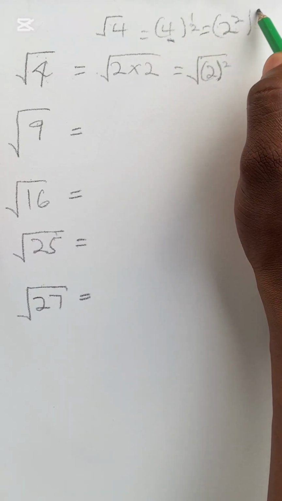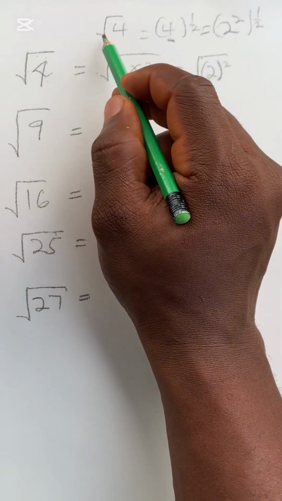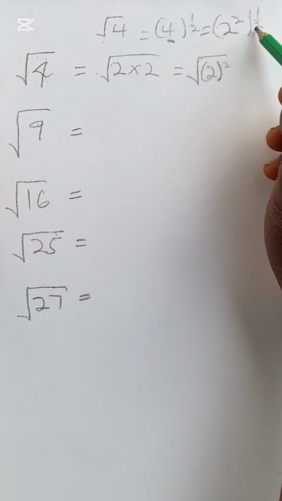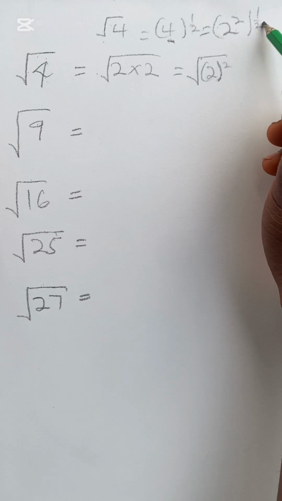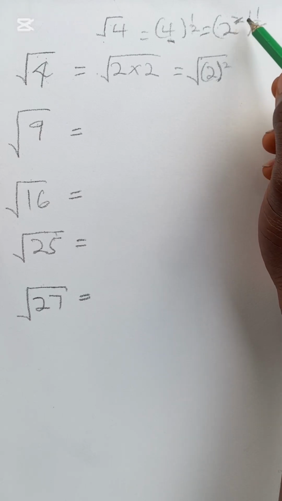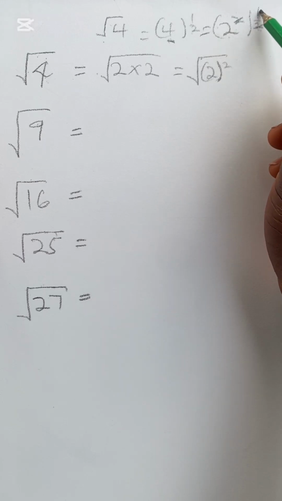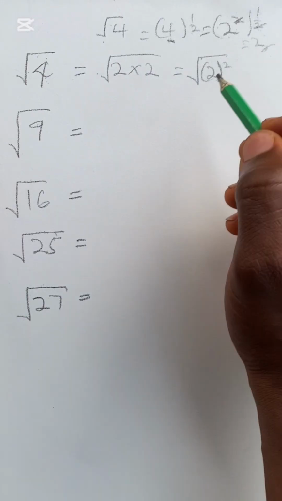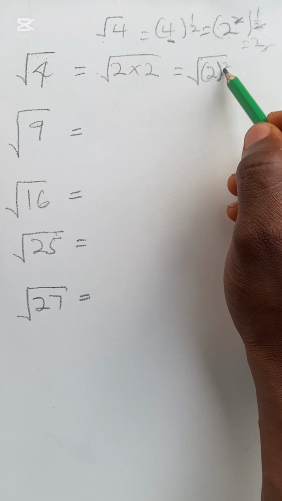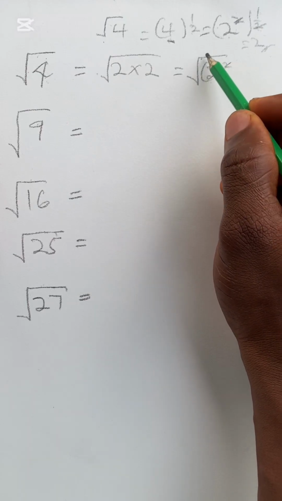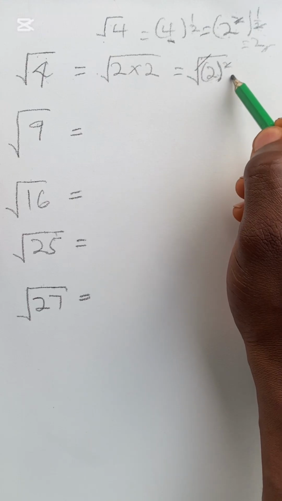And then the half, which is from the square root. So the 2 here cancels the 2, leaving us 2 power what? 1, which is equal to 2. So 2 squared, the square cancels the square root, leaving 2.